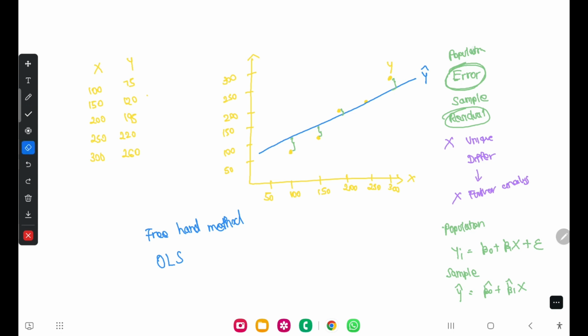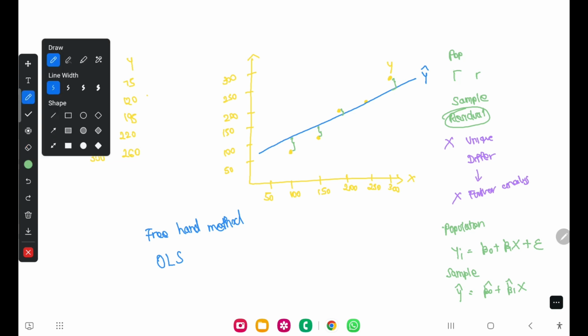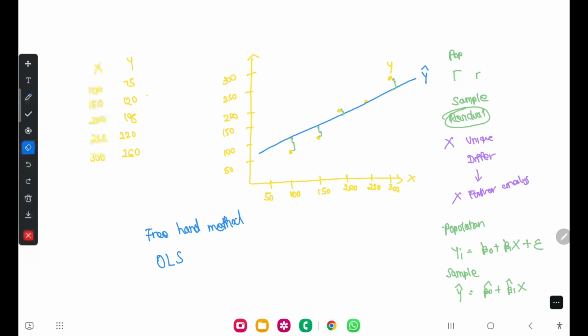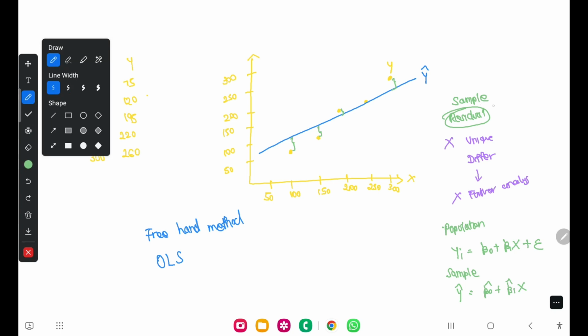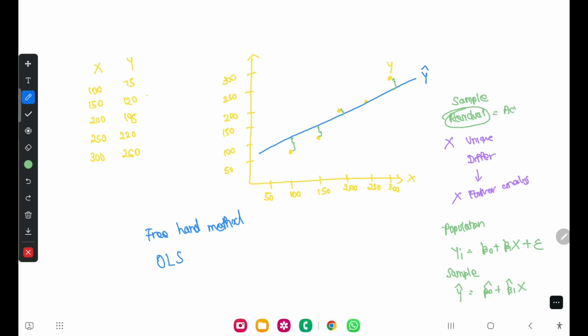So the residual, what's the equation? It's the difference between y and y cap, that is, the actual value minus the predicted value: y minus y cap. The sum of these errors, sigma y minus y cap, is what we are supposed to minimize.